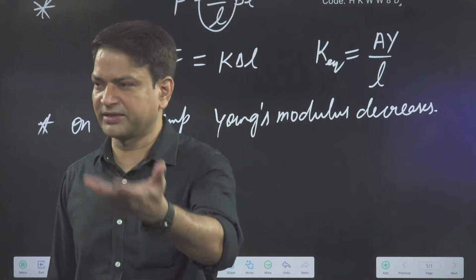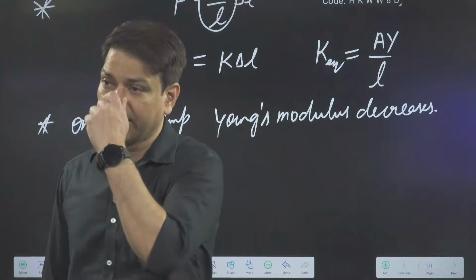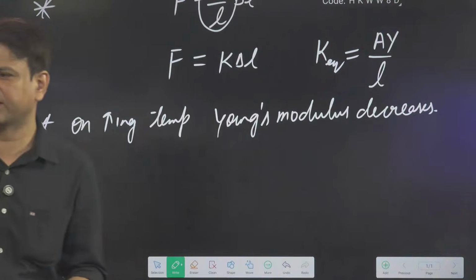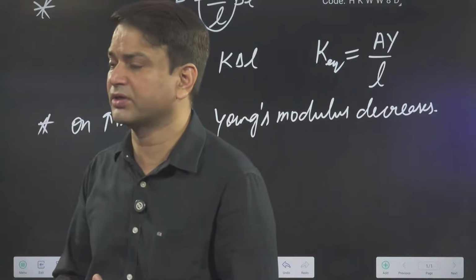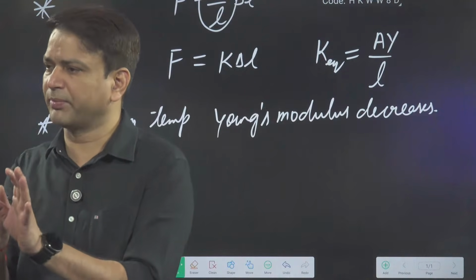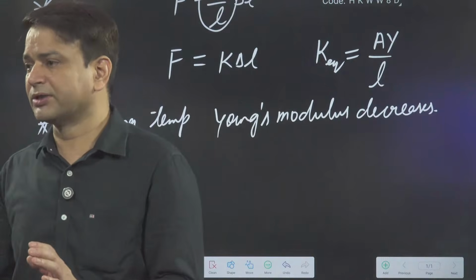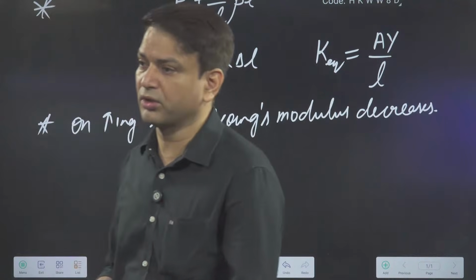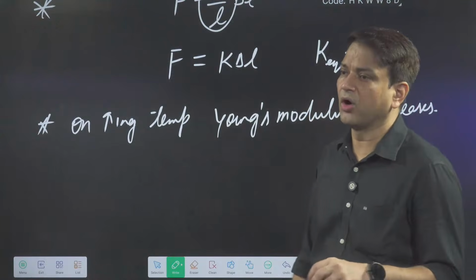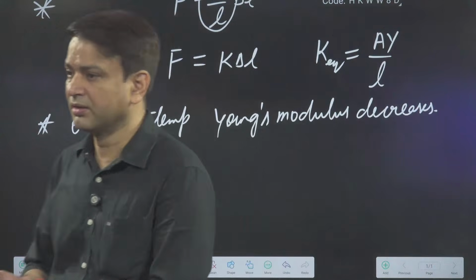So that's why elasticity decreases, then we can say Young modulus also decreases. If they relate temperature with Young modulus, for a numerical problem with a given material we will take it as constant. But theoretically, if they ask the effect of temperature on the Young modulus, then we can say it decreases on increasing the temperature.